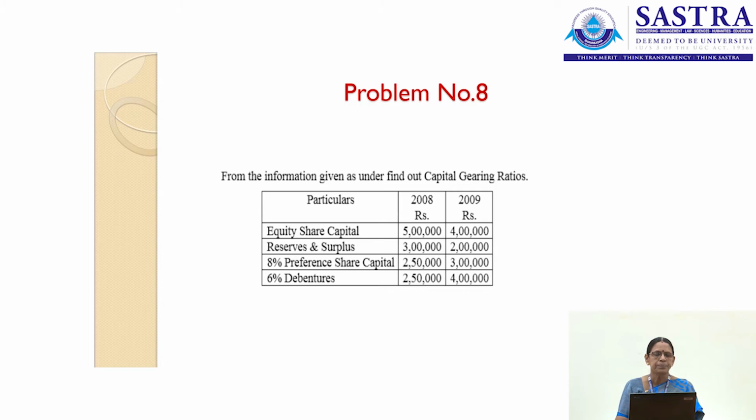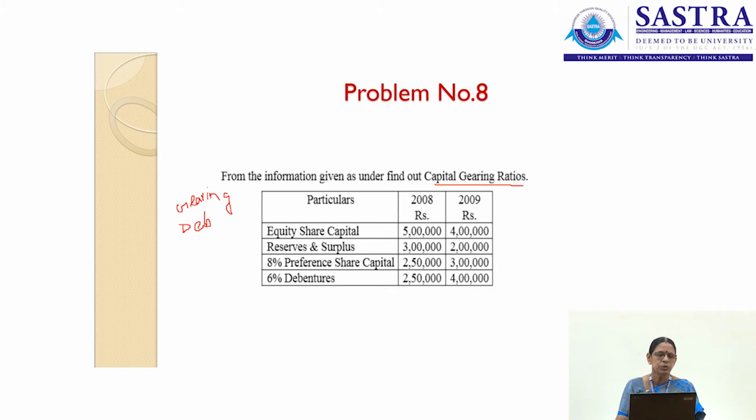Problem number 8. From the following information given under, find out the capital gearing ratios. How many times is the capital geared? What is gearing? When we include debt into capital, that is said to be a geared firm.